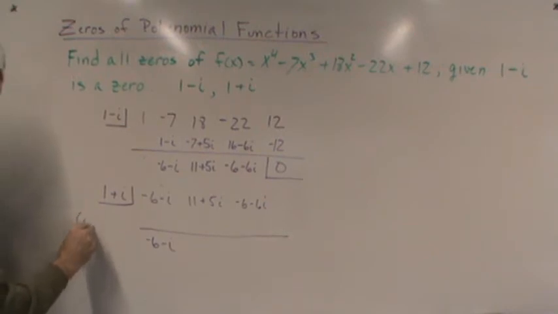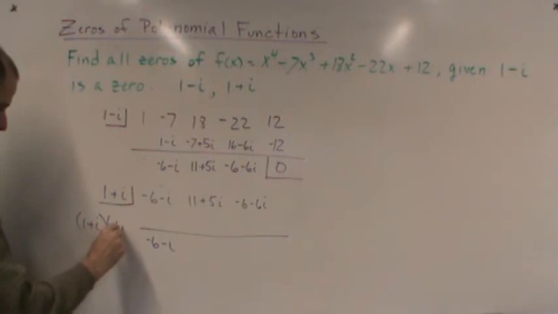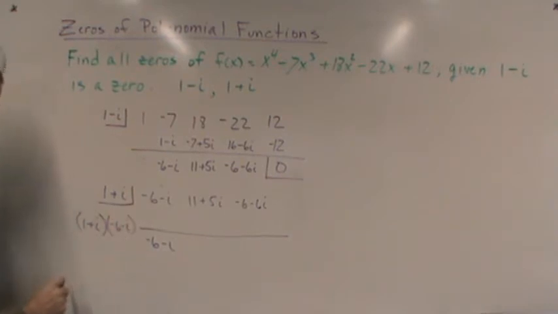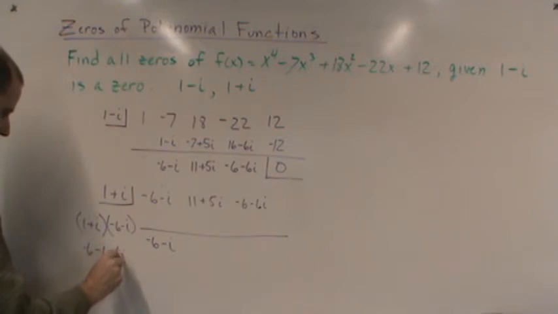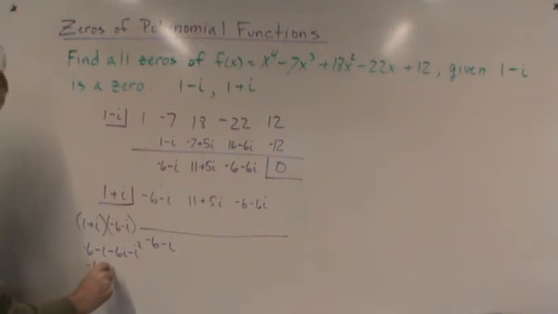work over here. So 1 plus i times negative 6 minus i. Okay, so again, I'm going to distribute the 1, which gives me a minus 6 minus i, and then I'm going to distribute the i, which gives me a minus 6i minus i squared, which is going to give me minus 6 minus 7i plus 1, which gives me a minus 5 minus 7i.